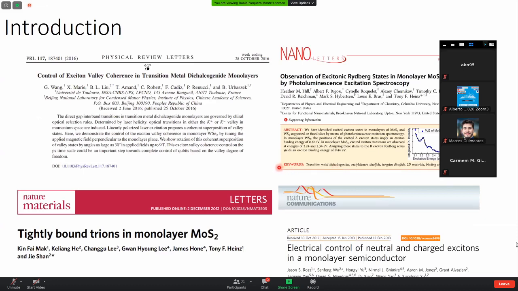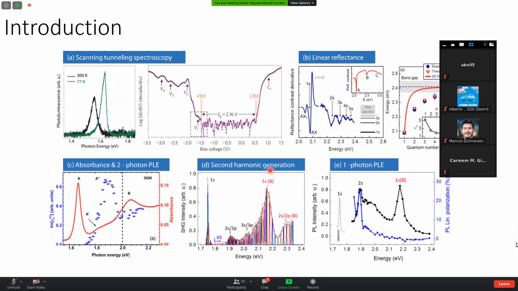Here we have some examples of works that treat this phenomenon. They use many experimental techniques such as scanning tunneling spectroscopy, linear reflectance, absorbance, and the most used one, photoluminescence.